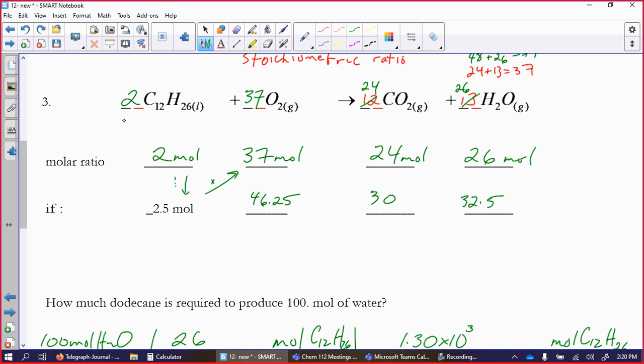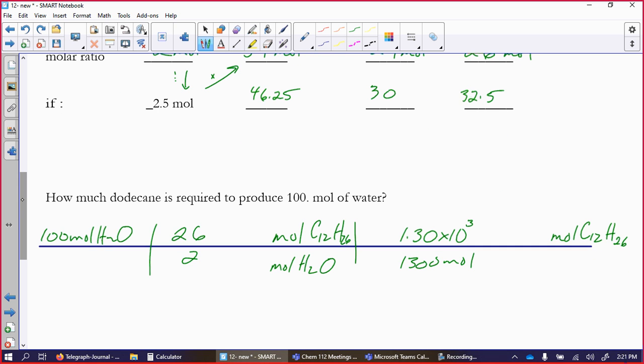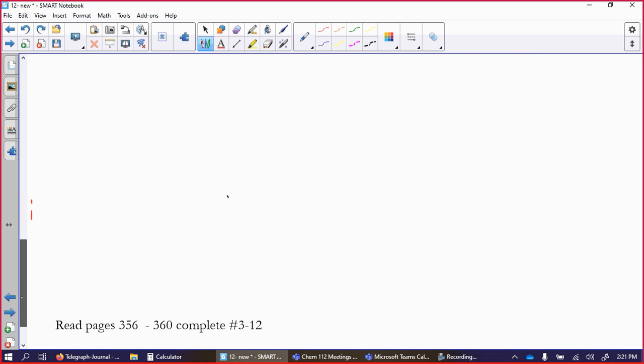But 1 mole begets 13, 2 moles begets 26. So we have this, the mass is, sometimes you're going to have things where you start with a gram of something and you produce 100 grams of product because of the other parts to the equation.